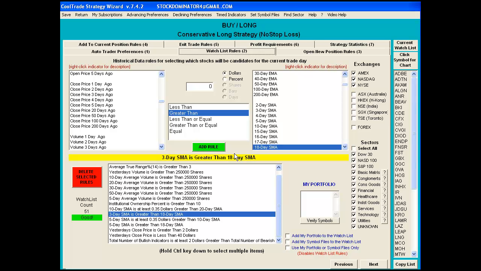Editing these pre-existing strategies is simple. Just a couple buttons, everything's point and click. You determine you want to add a new rule. It's as simple as clicking on it, typing in some numbers, and then clicking add rule there. Really couldn't get any easier.